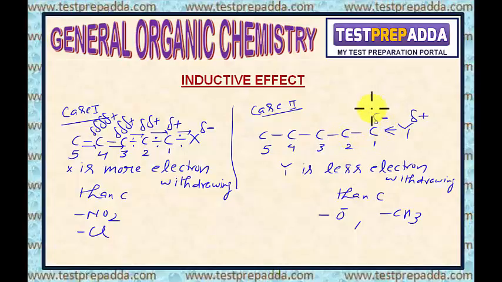But because of the presence of this negative charge, this carbon 1 will push the shared electrons towards carbon 2. And this way carbon 1 induces some negative charge to carbon 2. And the same will happen with carbon 3, and the same way carbon 4.